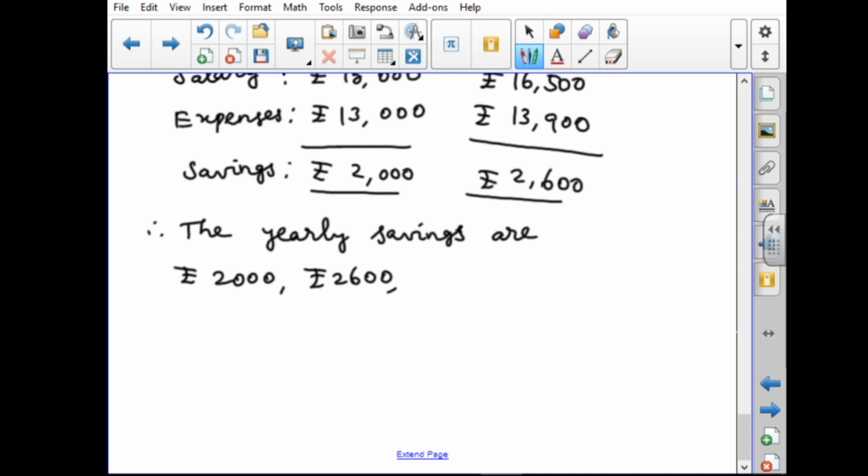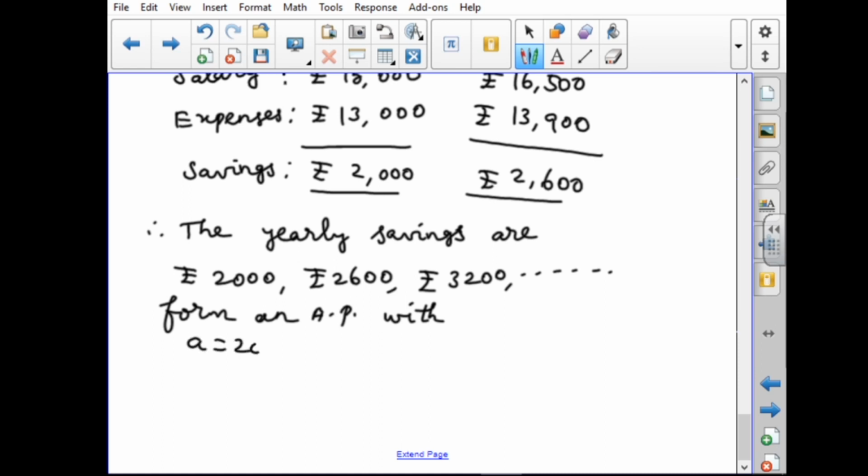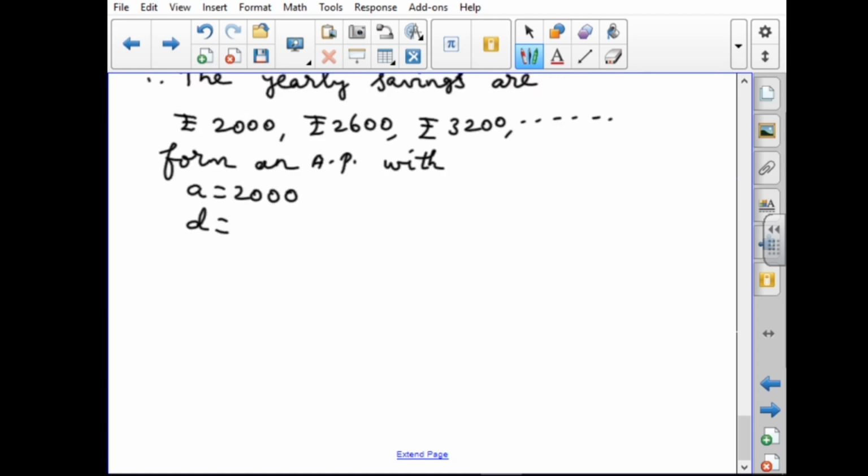We have to add again 600, so the third year is rupees 3,200, and so on. This forms an AP. With the first term, we assume A. So here A equal to 2,000. D equal to the difference of the first year savings and the second year savings. So we subtract, and we get rupees 600.